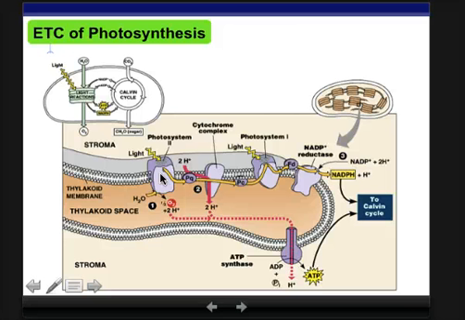There's a bunch of proteins in there. The chlorophyll is in there. All right, so the light is going to excite the chlorophyll to create an excited electron, and that creates a little space here that pulls the electron out of water. So we're left with oxygen gas as a byproduct.